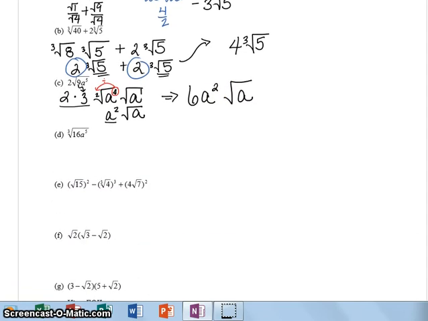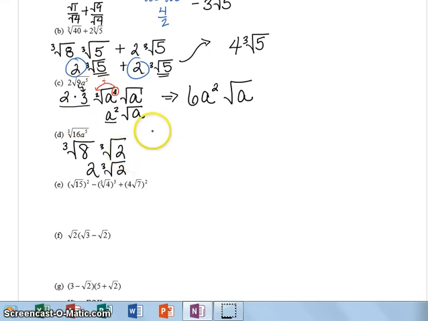Alright, part D, a little different here. So now I'm on cubed roots. So the cubed root of 16 is going to be 8 times 2. 8 times 2 is 16, but the cubed root of 8 is 2, so I get 2 cubed root of 2. Okay?